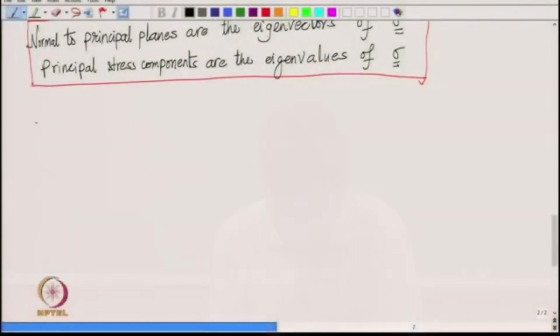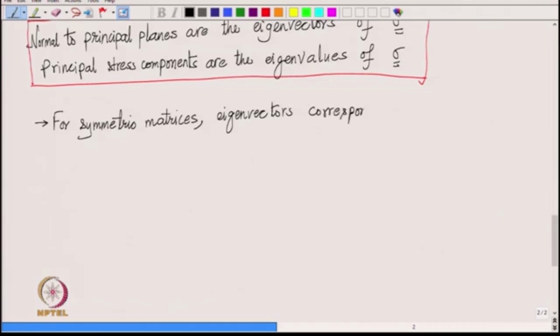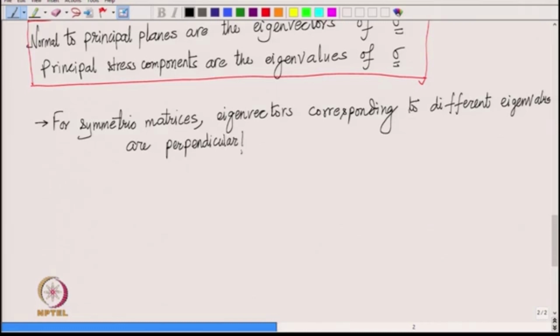Let me show that to you, that for symmetric matrices, eigenvectors corresponding to different eigenvalues are perpendicular. Okay, there is a very small and simple proof.